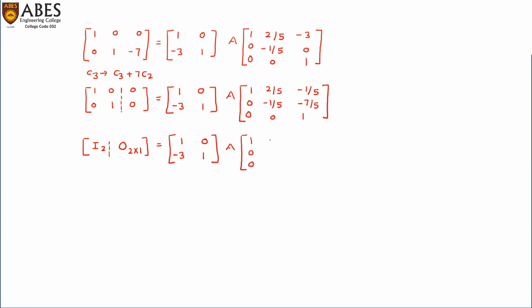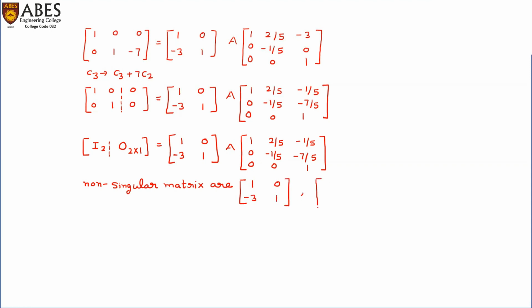So here the non-singular matrices are, first one, P is 1, 0, minus 3 and 1.